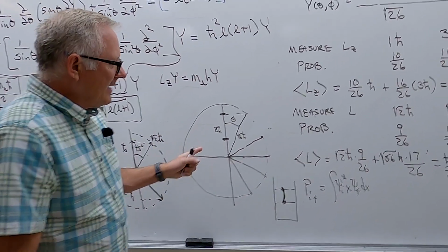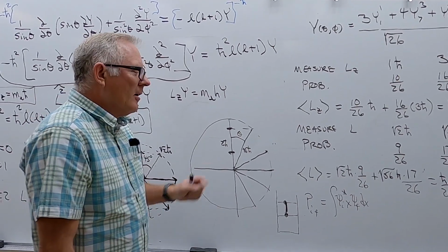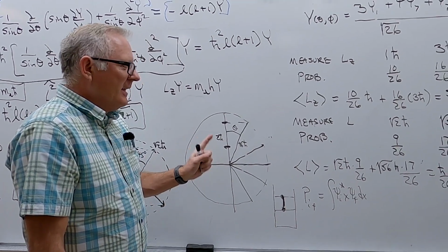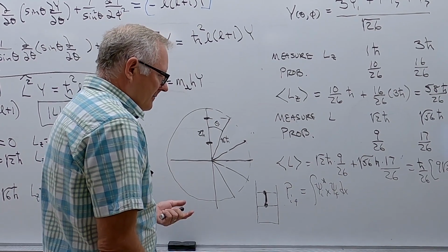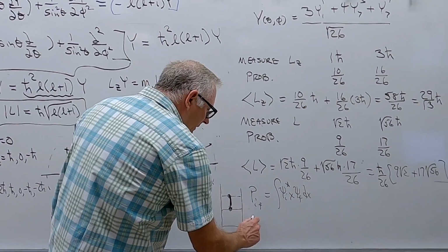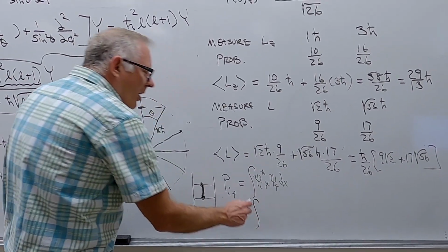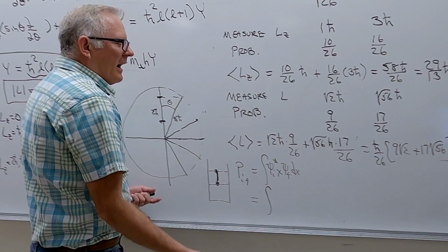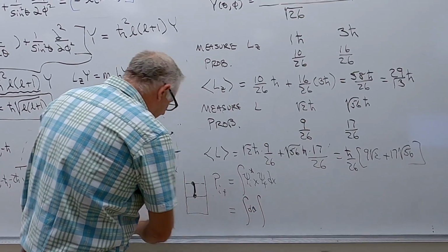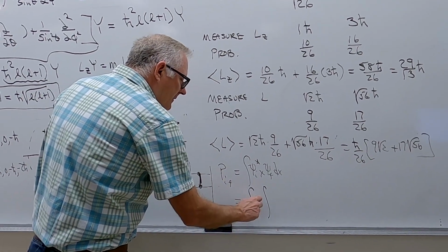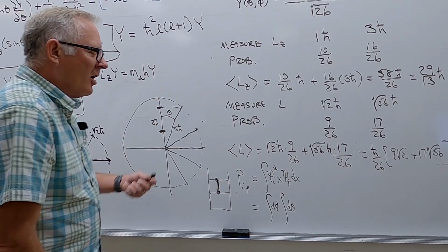Well, we're going to do the same thing here. We haven't developed the selection rules for R, but we can still get them for L and M sub L. If we wanted to do it for L, we would have to integrate over thetas and phis, d phi, d theta, and put in our Y star.